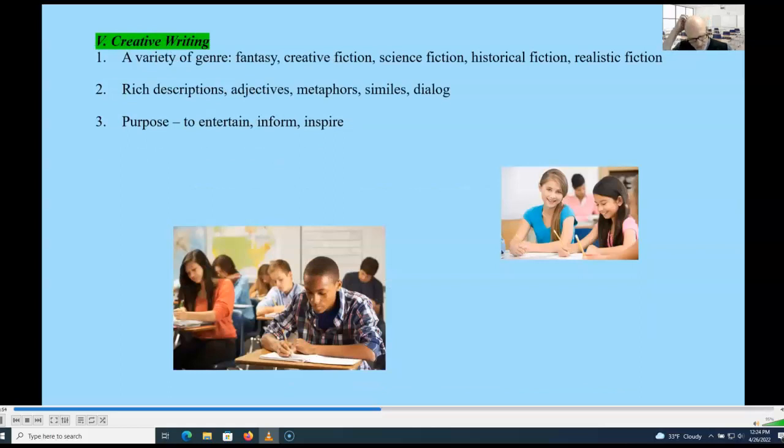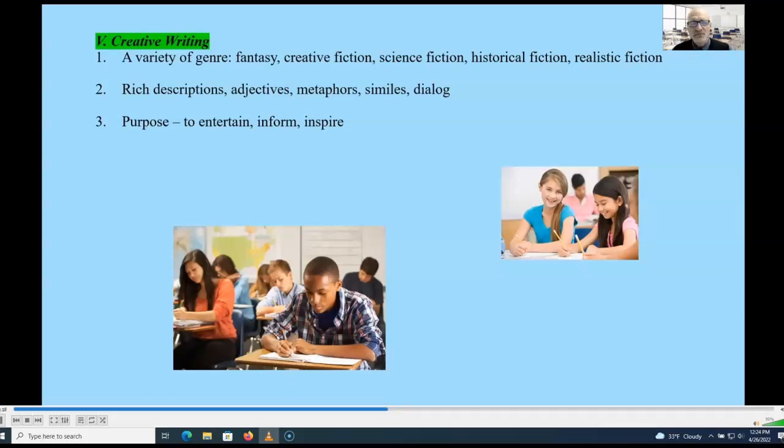And creative writing can include a variety of genres: fantasy, creative fiction, historical fiction, rich descriptions of people and places. You're creating that movie in the head, dialogue, metaphors. The purpose is to entertain, to inform, to inspire.